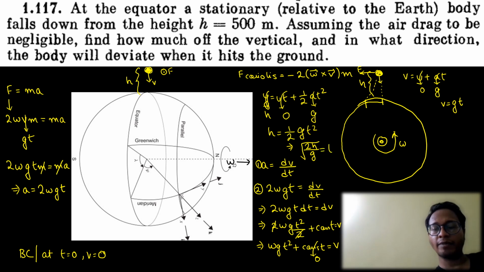This is the value of time when this particle reaches the ground. So the time when the particle reaches the ground in the vertical component is the time when the particle reaches this position. Here you have to find out the time in which velocity becomes this value.